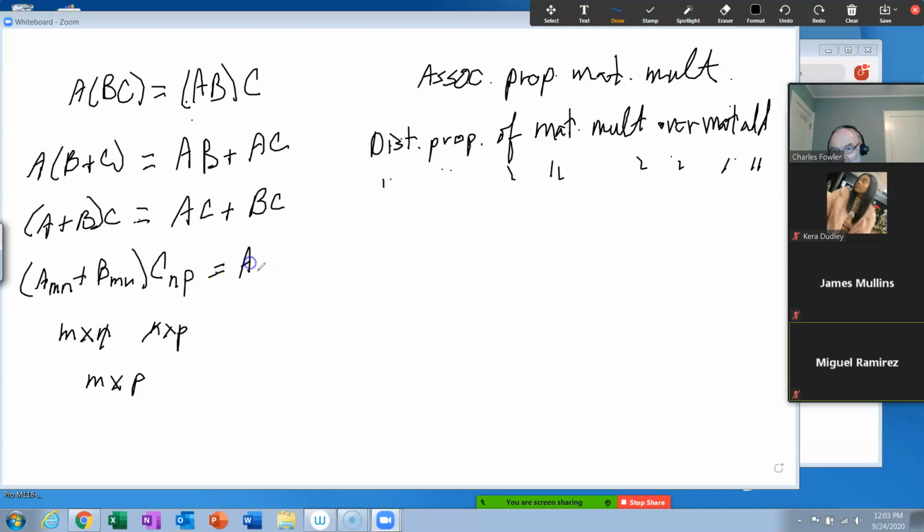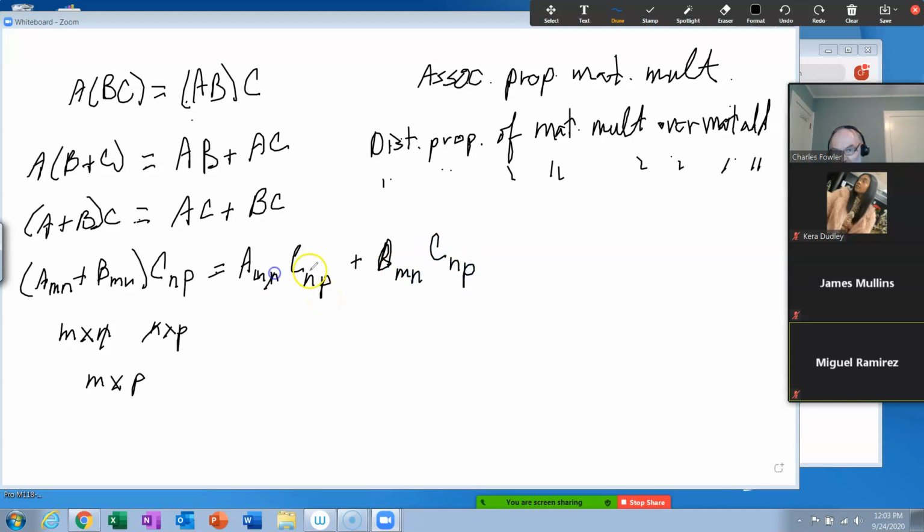Well, let's see what we get on this side. The A was an M by N. That is a really ugly M, okay? And the C we said was an N by P, and you're adding to that a B, which also was an M by N in this problem, times the C, which was an N by P still.